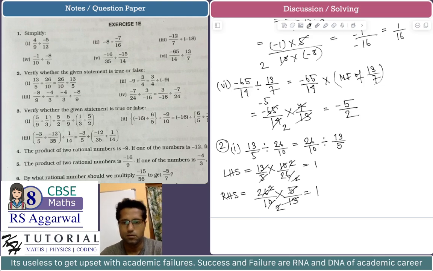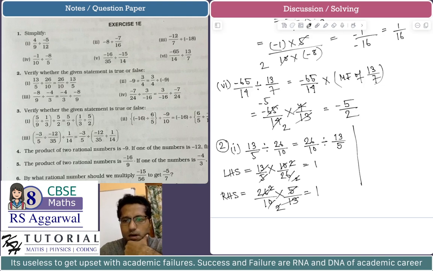Okay, so this is coming to be equal. The left hand side is equal to the right hand side, even though in general the division operation of rational numbers is not commutative. So in this case it worked.